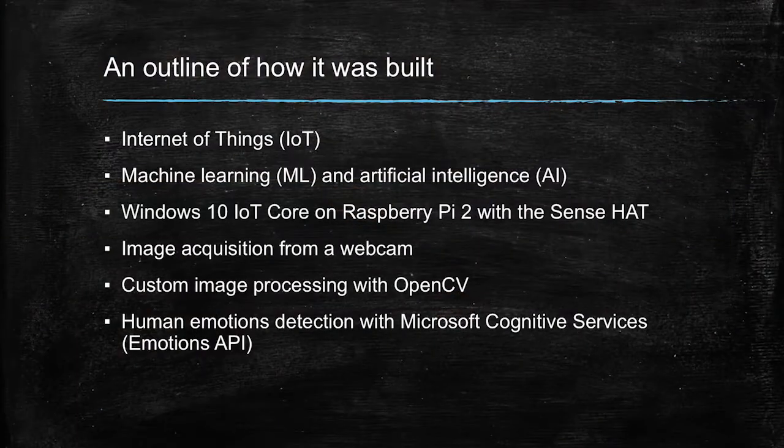This detection is based on machine learning and artificial intelligence, which is implemented in this Emotions API. Then I use Windows 10 IoT Core installed on the small Raspberry Pi 2. Then I have image acquisition and custom image processing. And as I mentioned, I use the Emotions API from the Microsoft Cognitive Services to detect the human emotion.